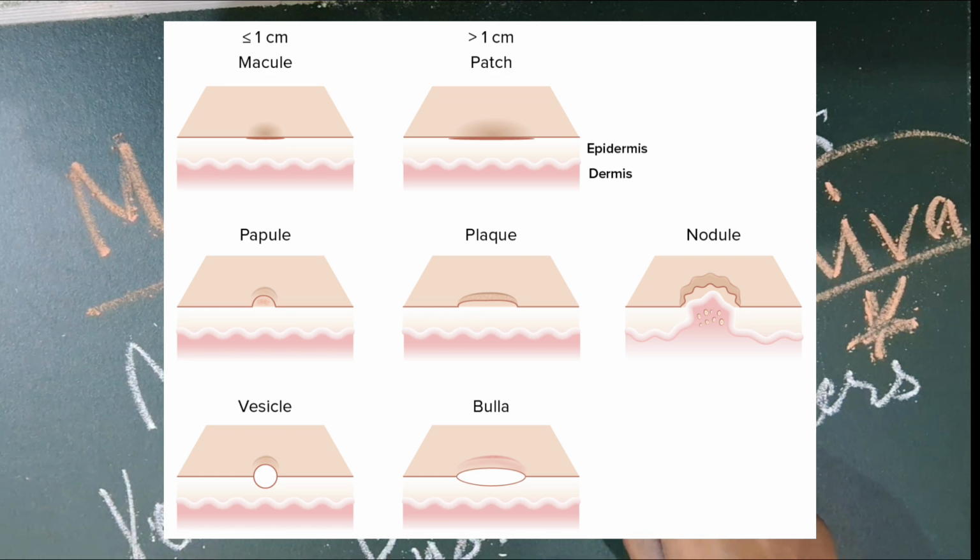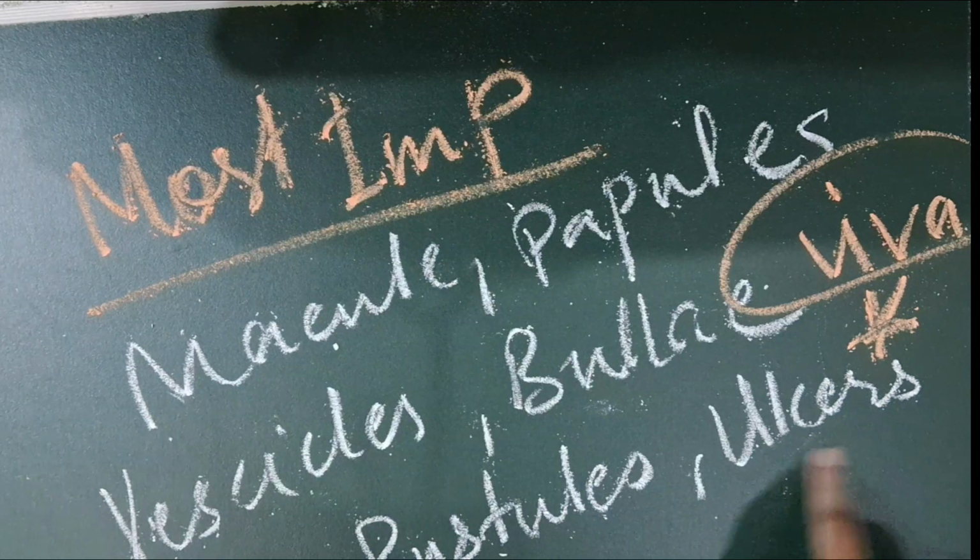If vesicles become a little bigger, they become bullae. Bullae are elevated blisters containing clear fluid which are more than 1 centimeter in diameter. Pustules are elevated lesions filled with purulent material, and ulcer is a breakage in the surface epithelium.